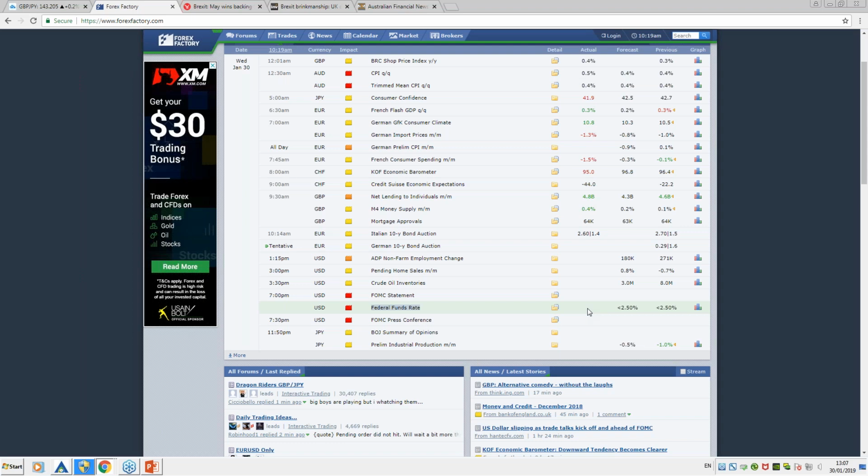Dovish means, and it's the opposite of hawkish, dovish means they're kind of talking down the idea of raising interest rates. They're saying we're going to take our time with that. Only if the economic conditions are good enough would we consider raising interest rates. They said maybe 1 or 2 times during this year, but not guaranteed. It's market dependent, that sort of thing.